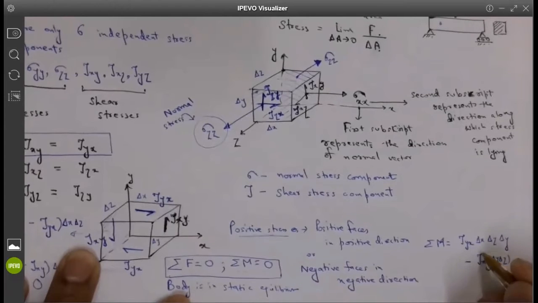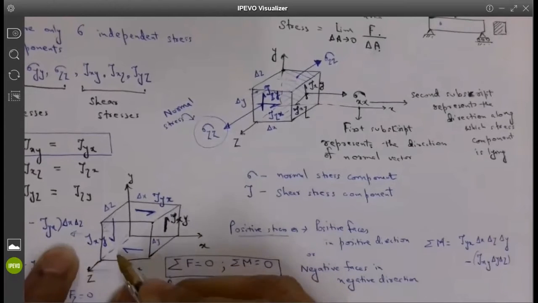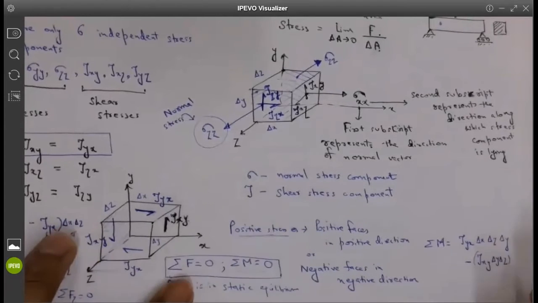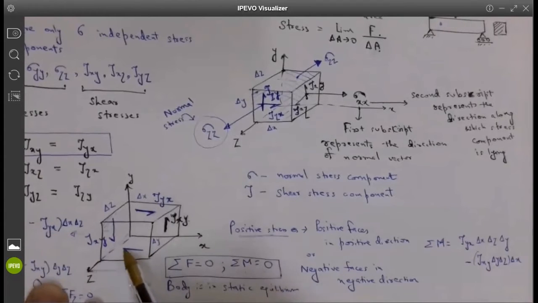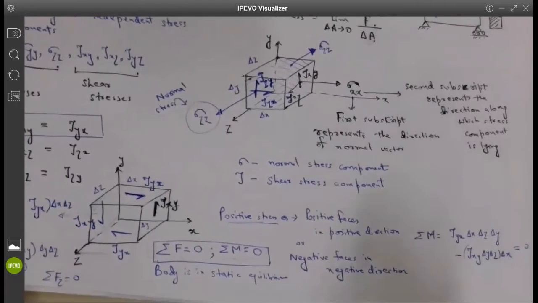That will be my force times perpendicular distance. Perpendicular distance is delta x. Now I do not have any moment because of the stresses acting along the z-axis. There is no moment arm for these forces, so I only have this equation to work with.